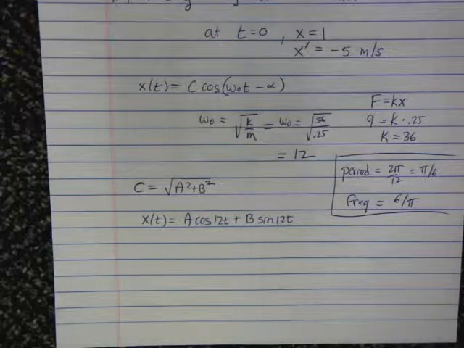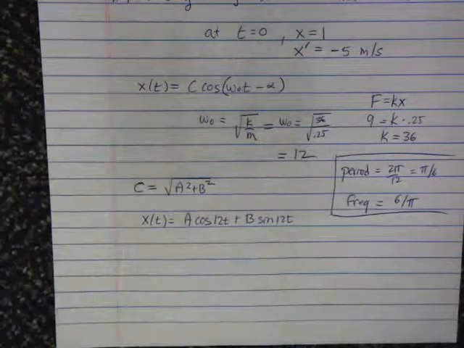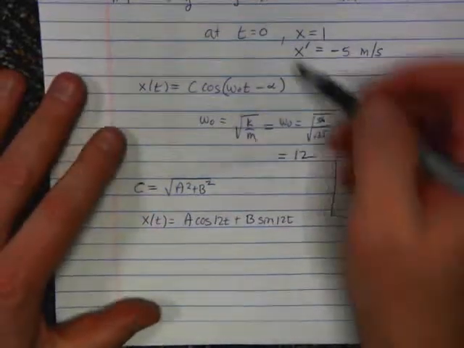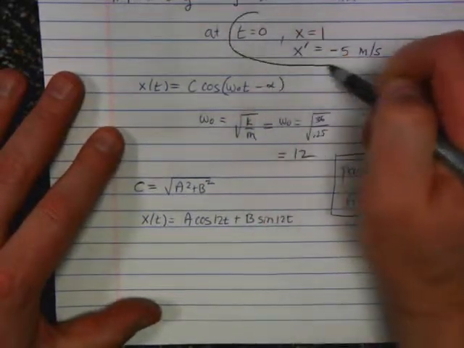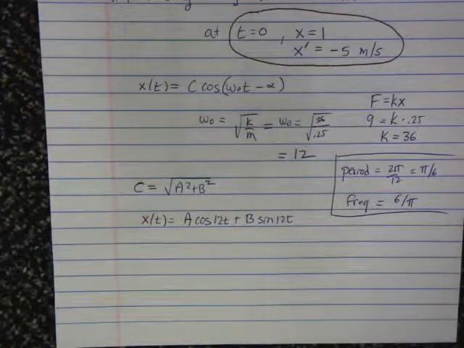How am I going to figure out A and B? Do some factoring? No factoring. I could use a matrix. I don't think I'm going to need a matrix. What I'm going to do is take those initial conditions and plug them in.